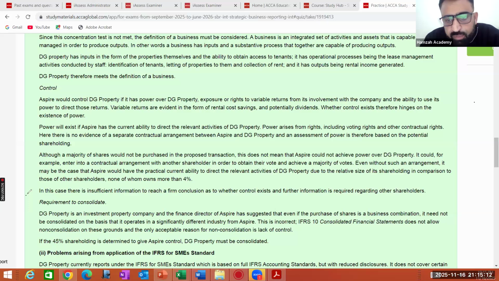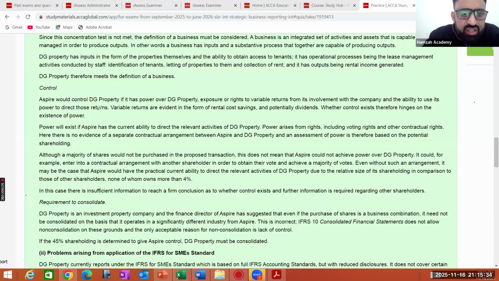Like here we have 45% shareholding and other shareholders do not hold on an individual basis more than 4%, and they are unrelated, they are not related to each other. So it gives us the minority control over that company. So we can say that Aspire company has the control over the DJ property.